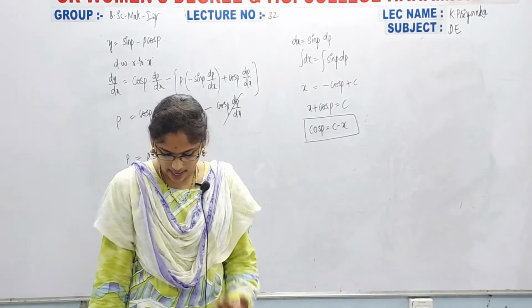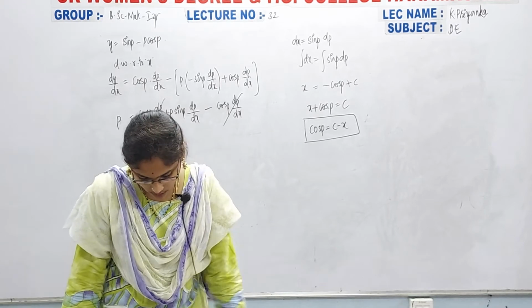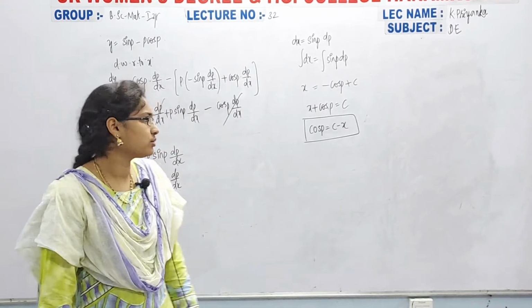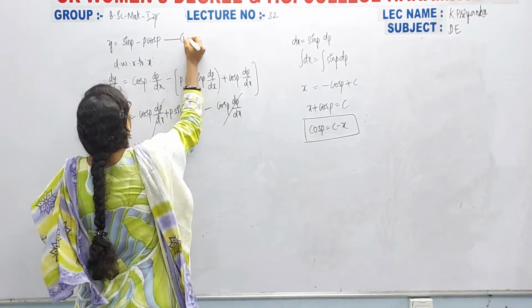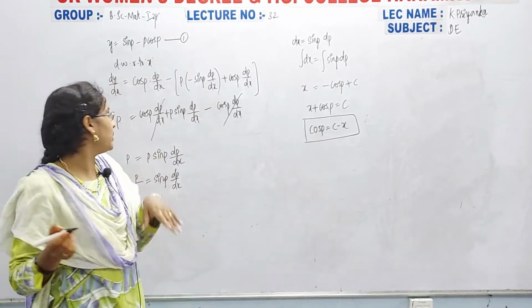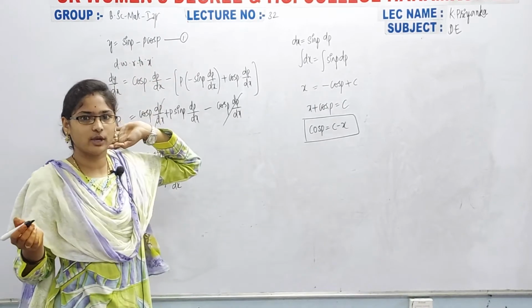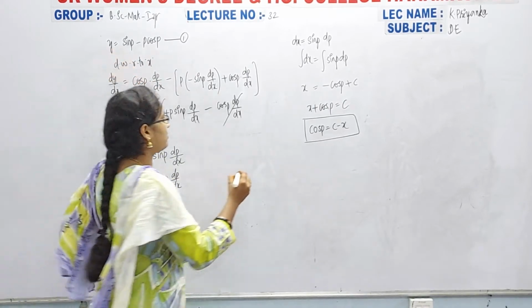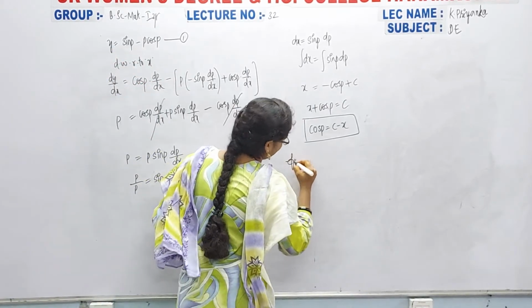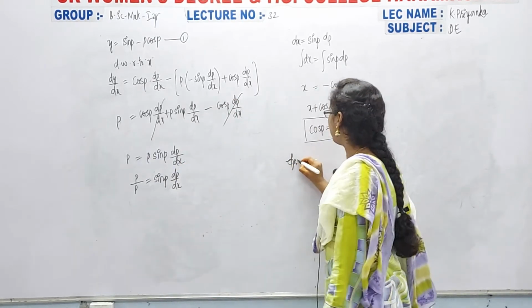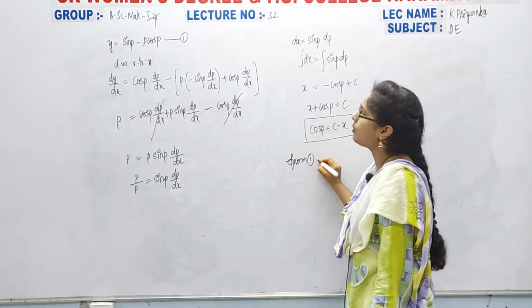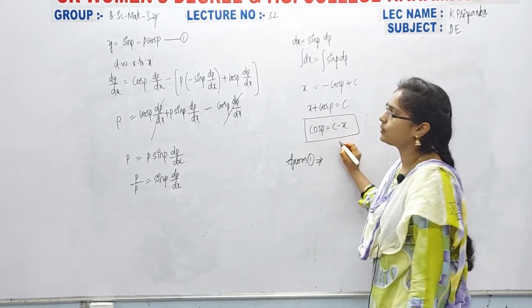Next here actually I have to calculate the value. This is nothing but the given equation. From this I am going to calculate the value of cos p, so from this we get cos p is equal to c minus x.